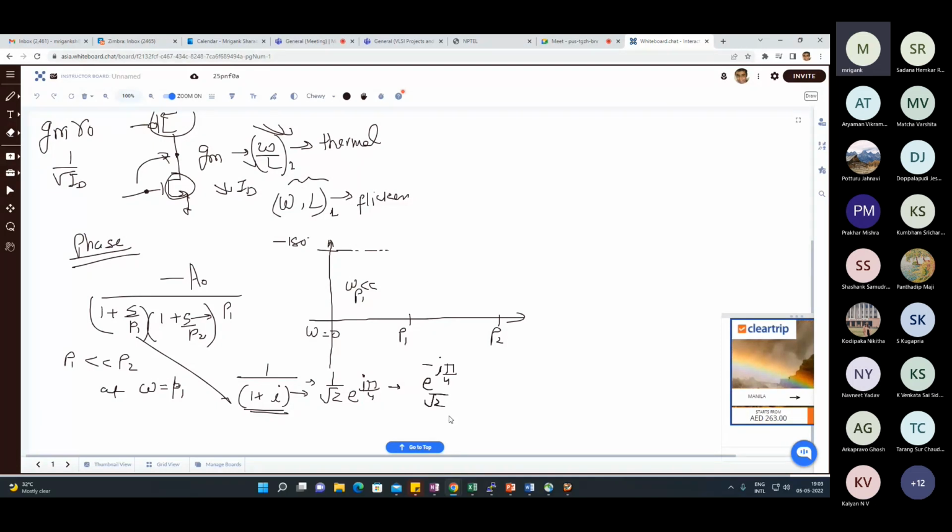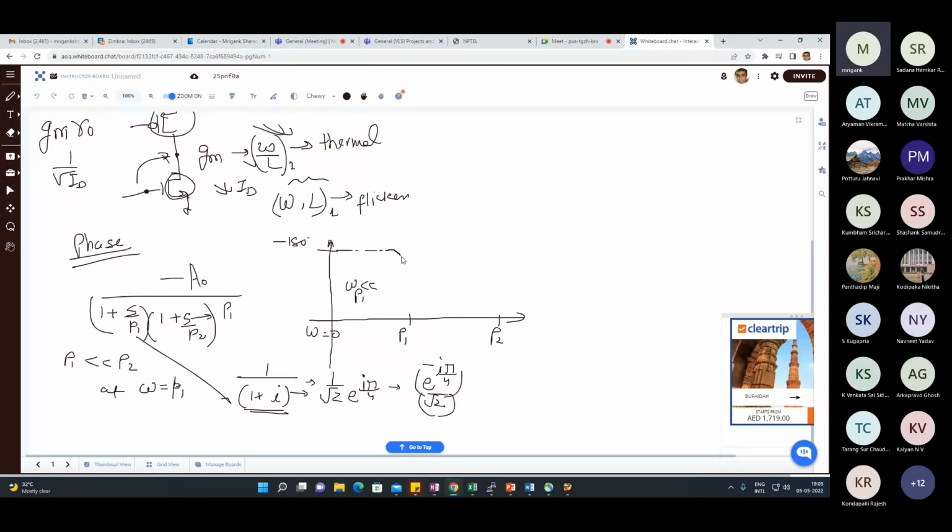This root 2 effect, anyway, we capture in the magnitude plot. In the phase plot, this is what is going to matter. So here we are getting minus iota pi by 4, that means 45 degree. So you're getting a minus 45 degree phase shift exactly at P1. This will cause a further minus 45 degree phase shift over here. So with respect to 180 degree, it will go down by minus 45 degree.